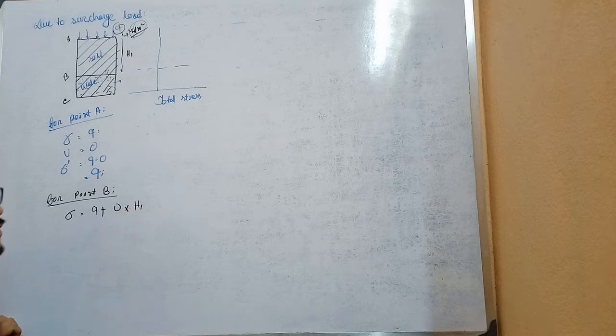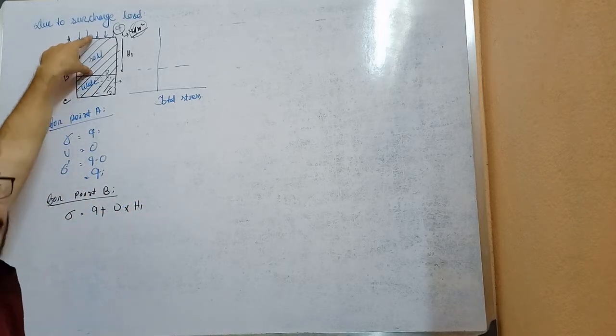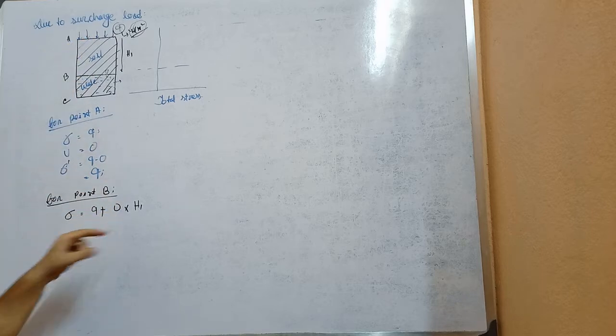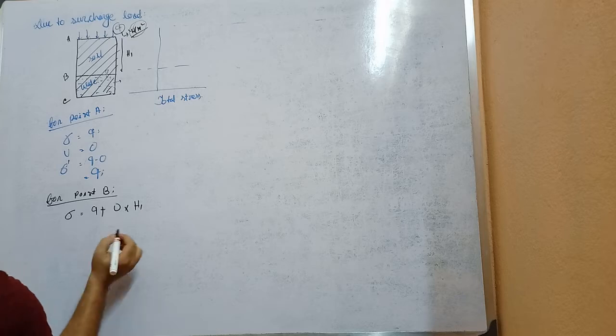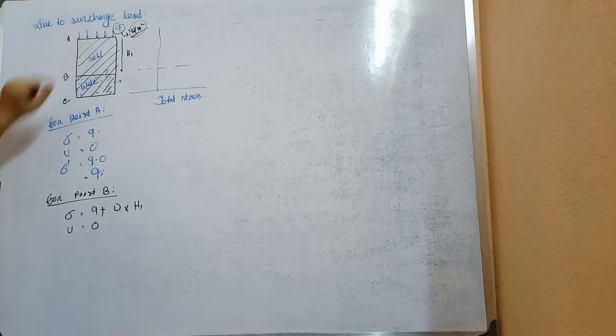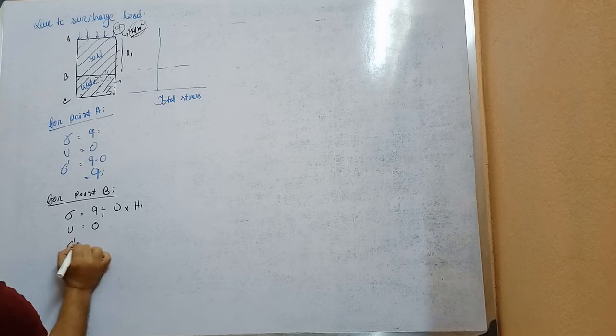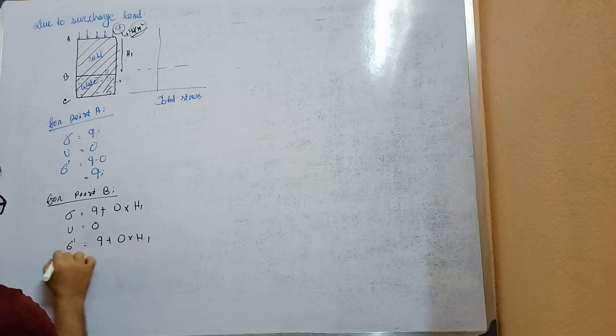This will not be saturated, as it is above the water table. Pore water pressure will be 0 here, as there is no water. And effective stress will be Q plus gamma into H1.